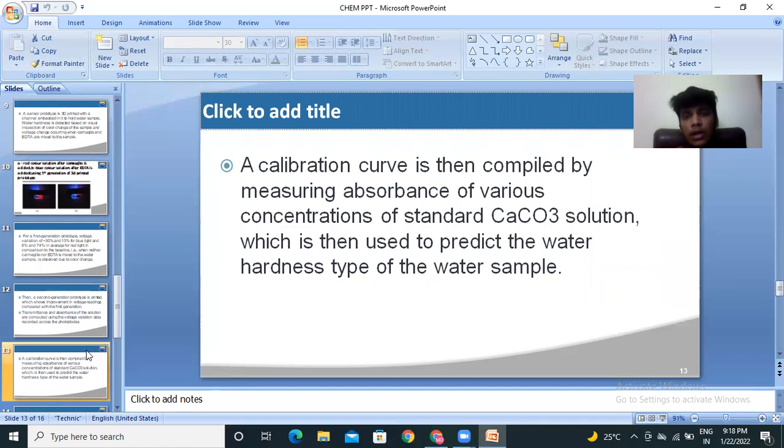A calibration curve is then compiled by measuring the absorbance of various concentrations of standard CaCO3 solution, which is then used to predict the water hardness of the water sample.